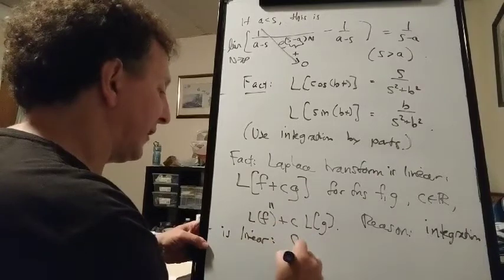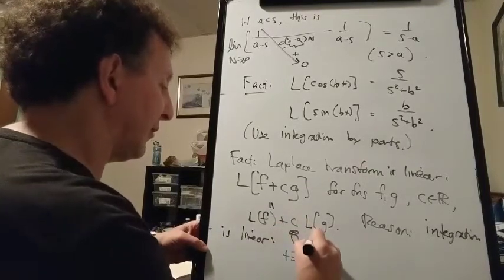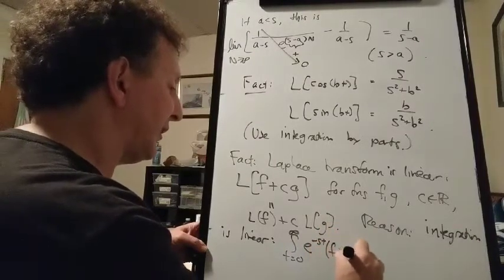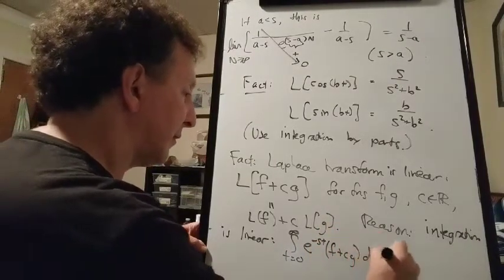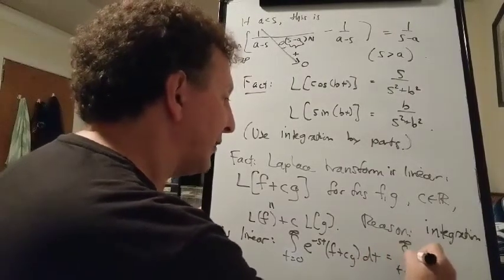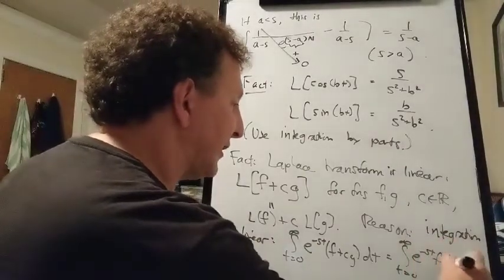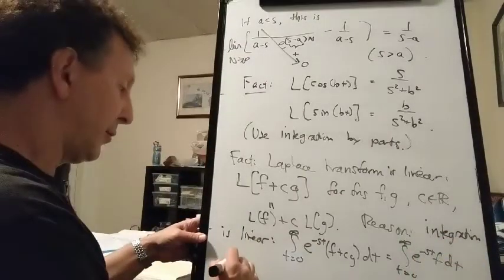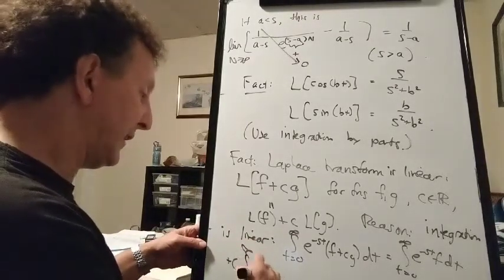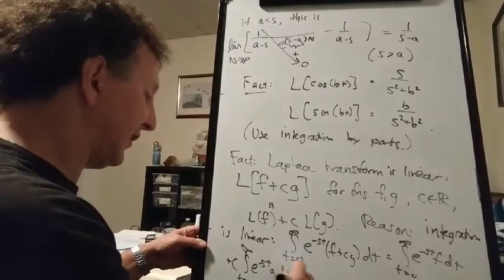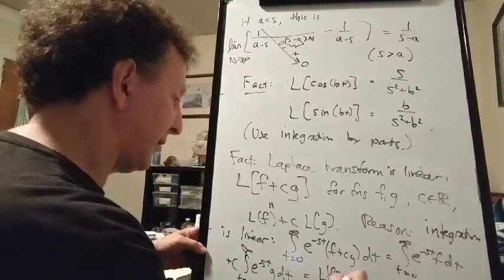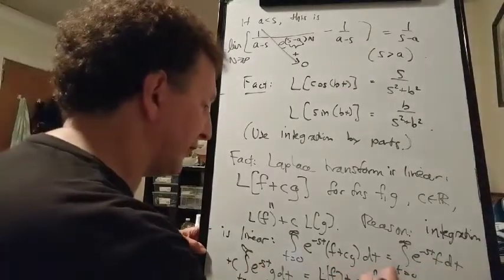So if we take the integral from 0 to infinity of e to the negative st times f plus cg, that's just the integral of e to the negative st f dt plus c times the integral of e to the negative st g dt, which is just L of f plus c times L of g.